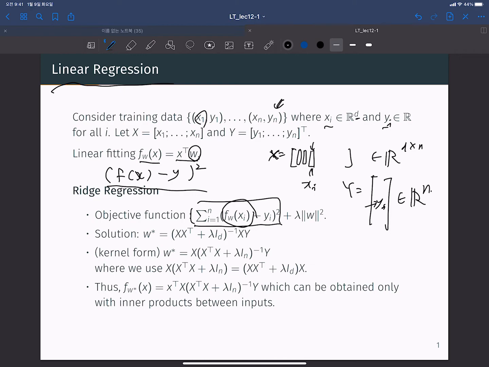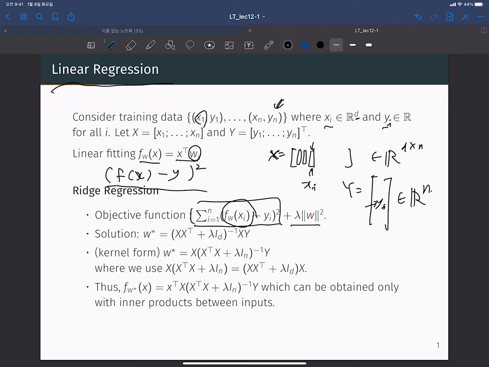And usually, we also have a regularizer that prevents overfitting and improves some generalization property. Here generalization means the difference between the training error and the test error.